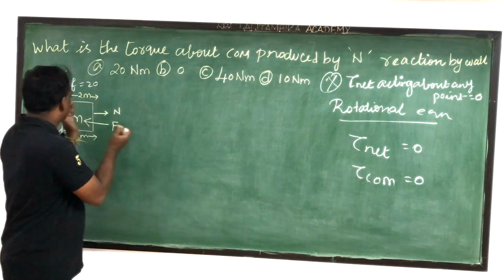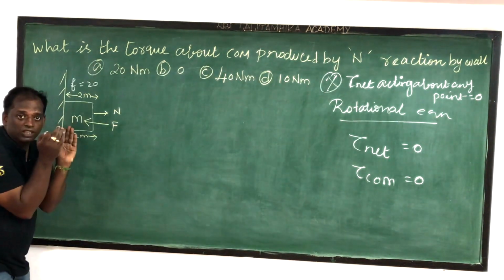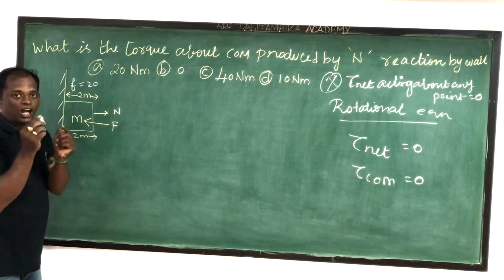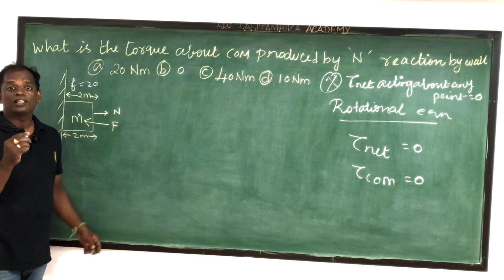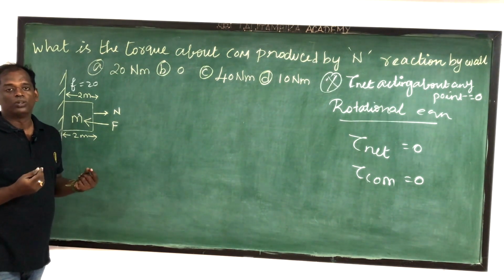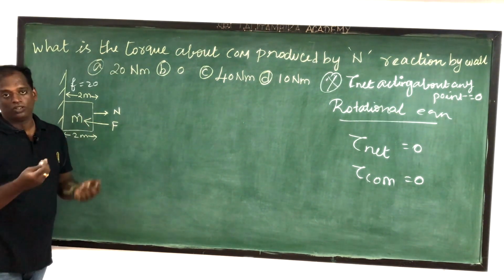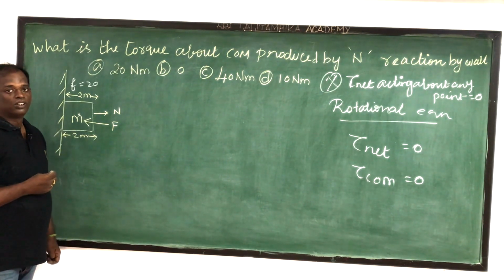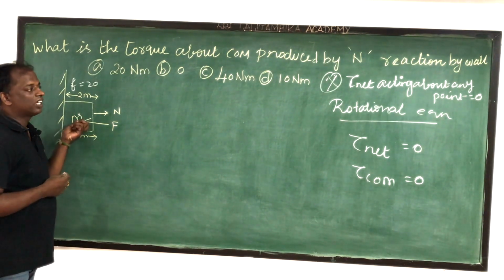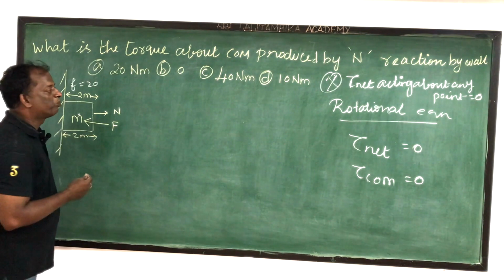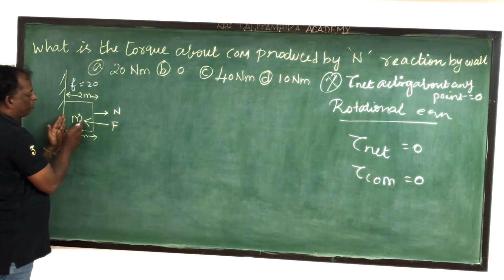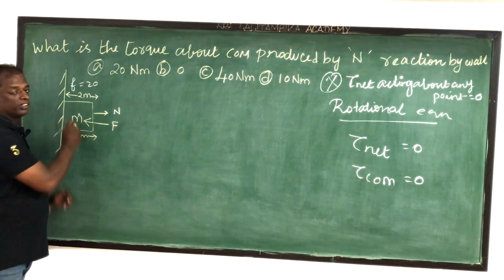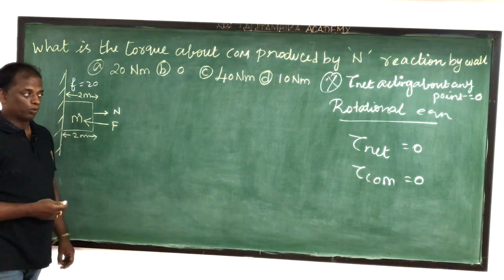Because the weight is here, it has to rotate about the center of mass, about its central part. That is why the torque at that point will be 0. So this is the net torque acting about any point. Because there is an object on a wall here, the torque about the center of mass will be 0.